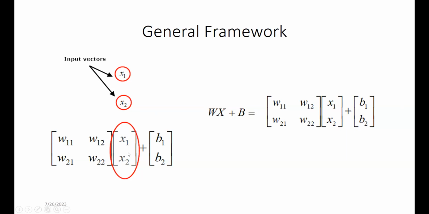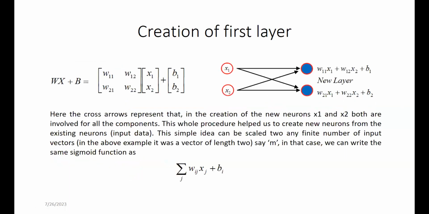From where will they come? They will come from the available data. And what are the unknown things? Unknown things are Wij and B1, B2, or in general, Bi. So let me see how this computation actually works.